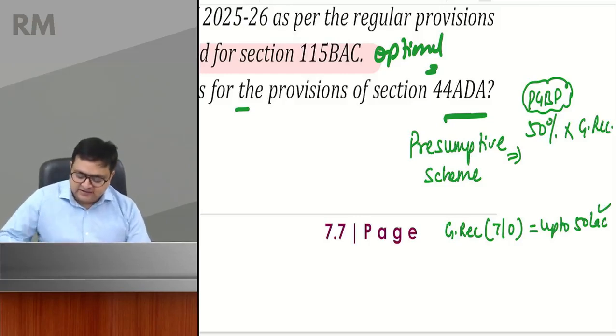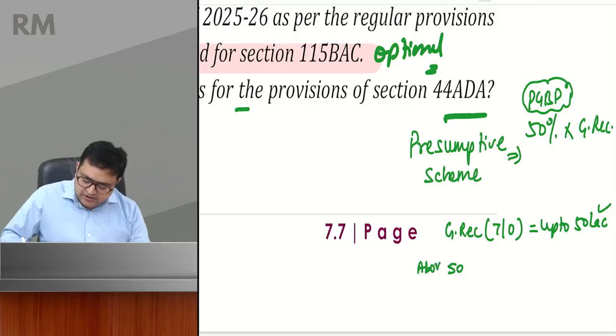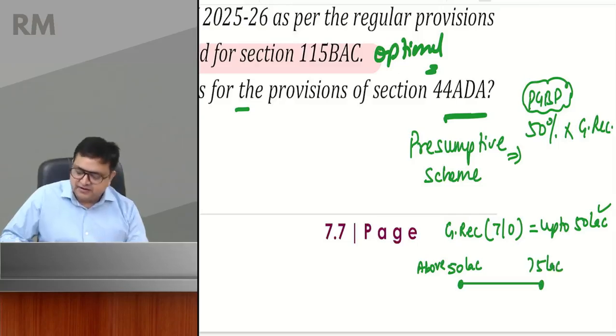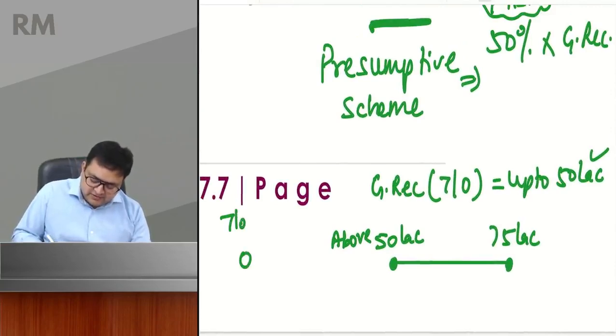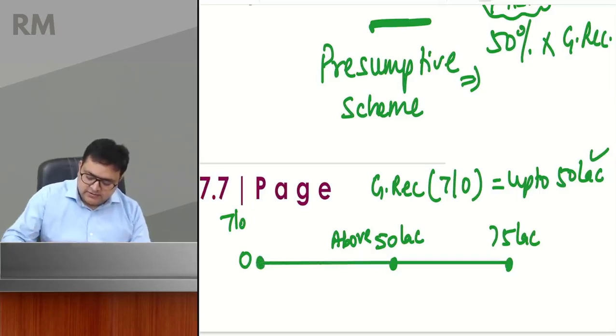But yes, relaxation has been given to people who are going above 50 lakh, but up to 75 lakh. You can write it somewhere: whose turnover is from 0 till 50 lakh, there is no condition.